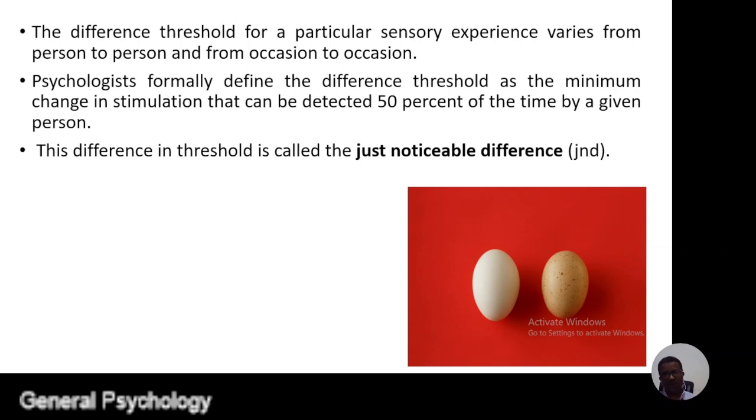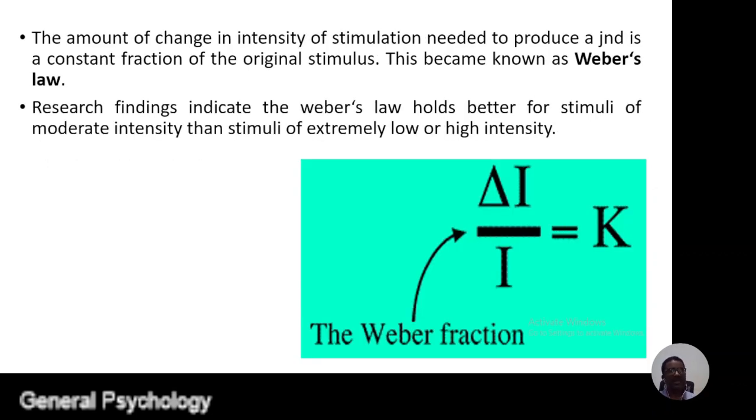JND, or just noticeable difference, is a difference threshold that results from individual variation or from environmental differences. The amount of change in the intensity of stimulation needed to produce a JND is a constant fraction of the original stimulus. Such a just noticeable difference was studied by Weber's law.